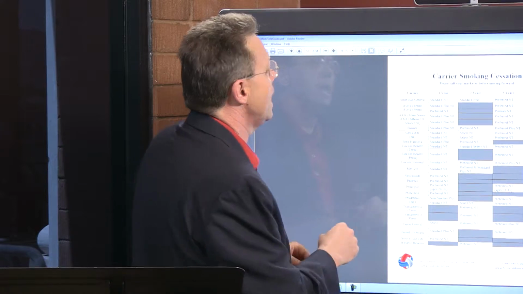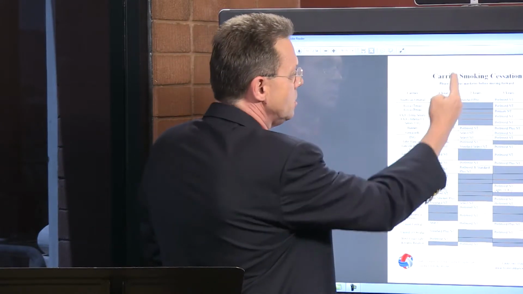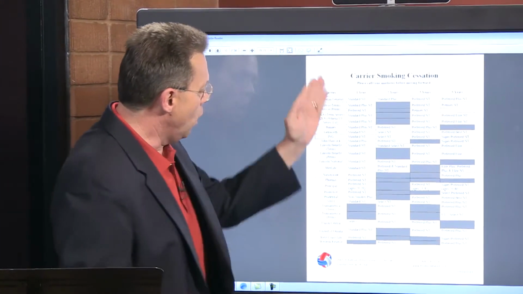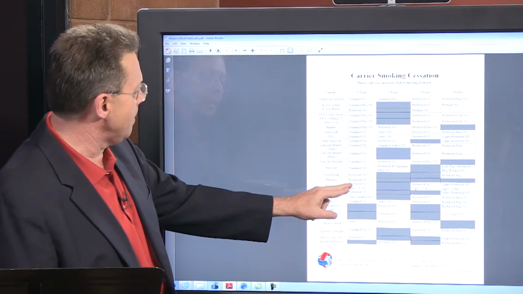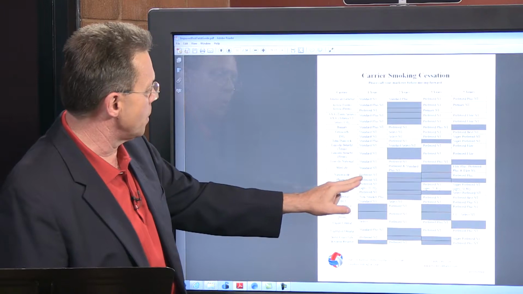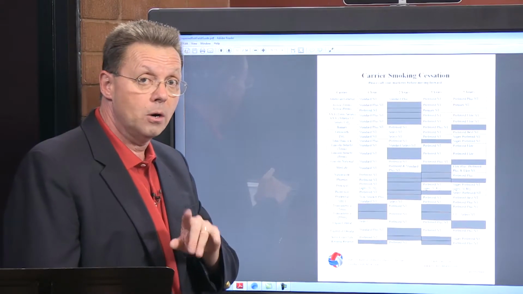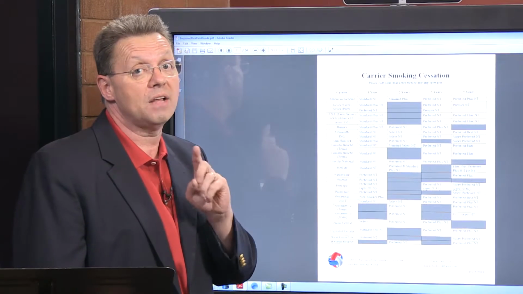So again, I'm looking at these 4 sections, and I just want to go through them real quick. 1 year, almost everybody is pretty much standard, but there's a few anomalies in here that will go to their preferred non-tobacco.